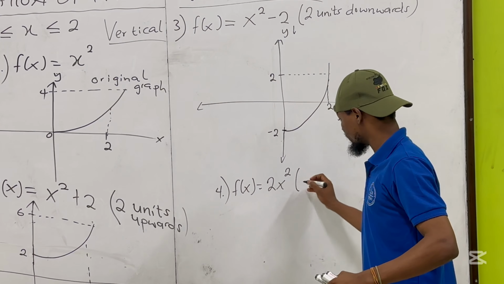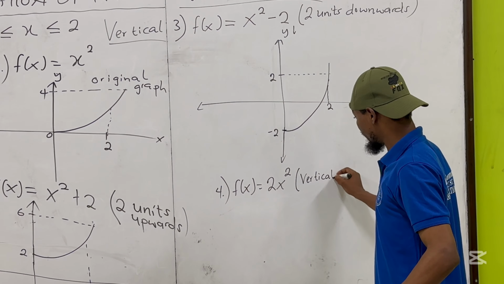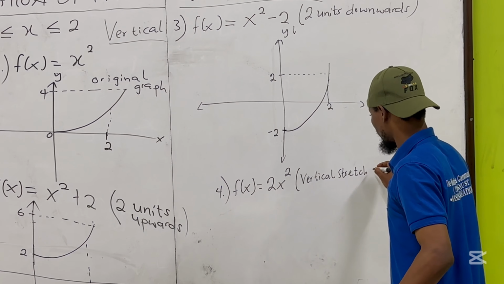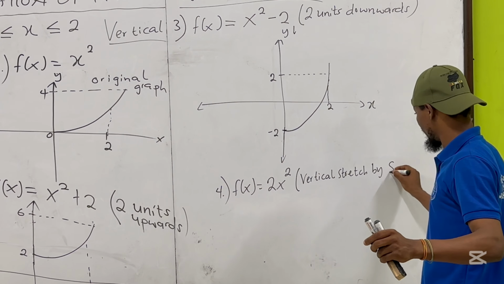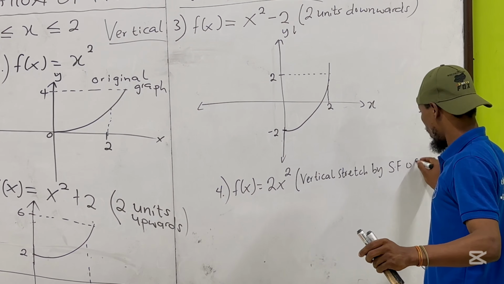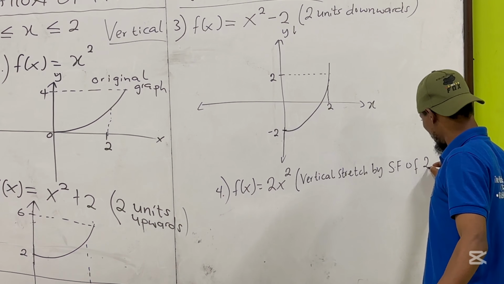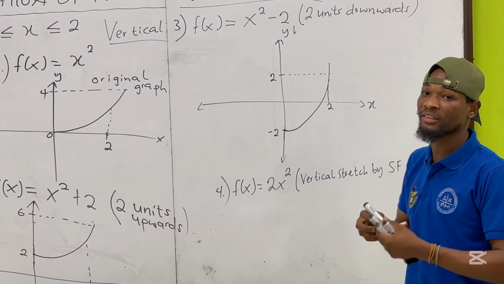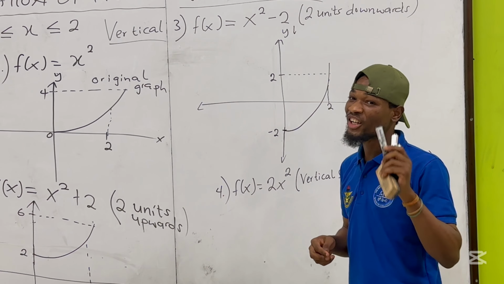So this is vertical stretch by a scale factor of 2. That's the coefficient, which is 2. So it calls for multiplication. Whenever you hear the word stretch somewhere, it calls for multiplication.